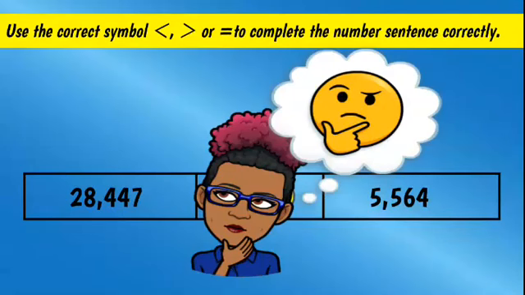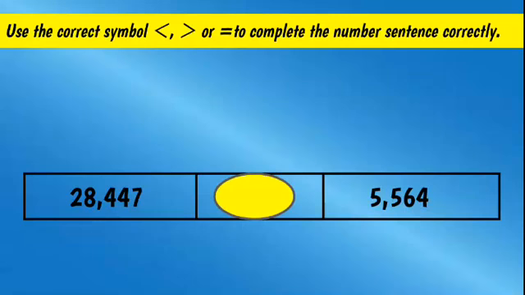Now we have to use the correct symbol, either less than, greater than, or equal to, to complete the number sentence correctly. 28,447, is it less than, greater than or equal to 5,564?